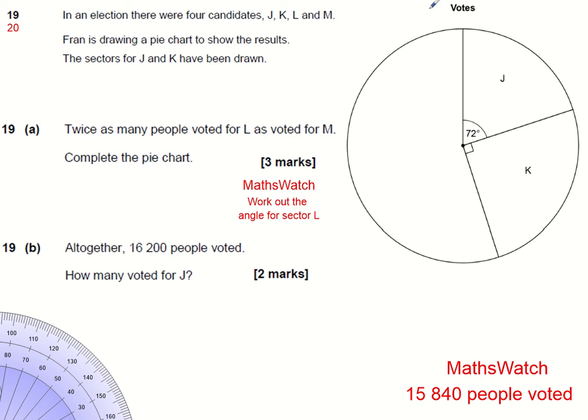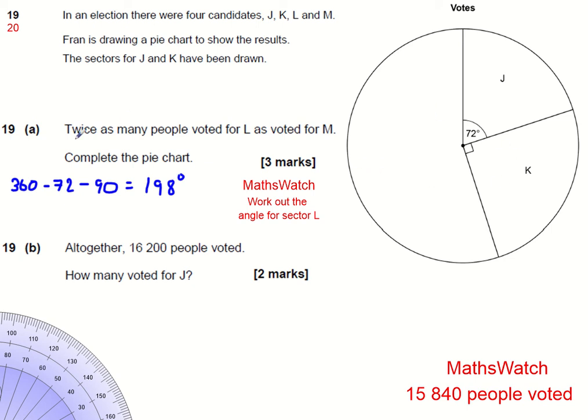So we need to work out what angles we're going to have to draw for sections L and M, which means we need to figure out how much of this circle hasn't been used. We've already used 72 degrees and a right angle is worth 90 degrees. So if I do 360, which is the full circle, and I subtract the 72 and the 90, we'll find out that we've got 198 degrees for the rest of these sections.